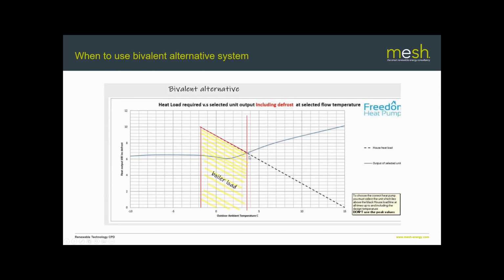Everything under the black dotted line to the right of that red line, all the area in here, is picked up by the heat pump. Everything in the yellow shaded area is picked up by the boiler. So the boiler's doing more work in the alternative system, and that's why it needs to be a little bit bigger.